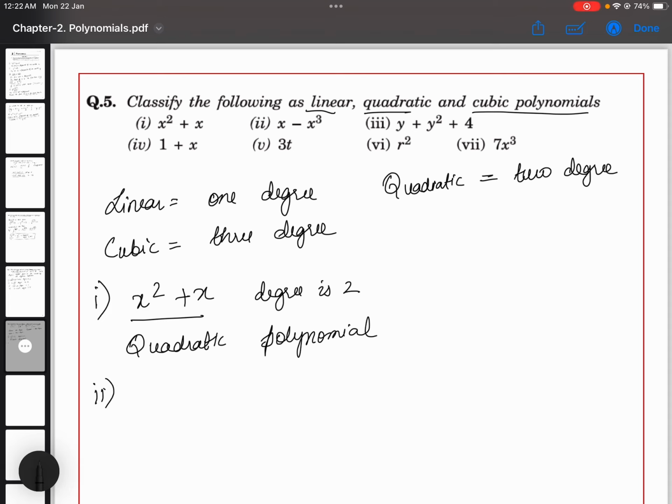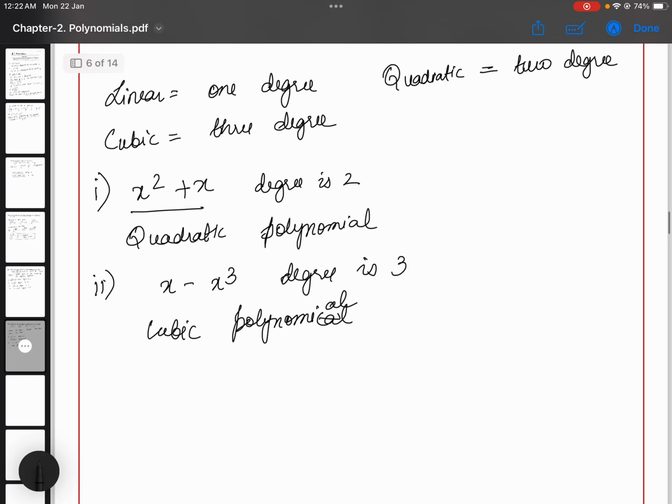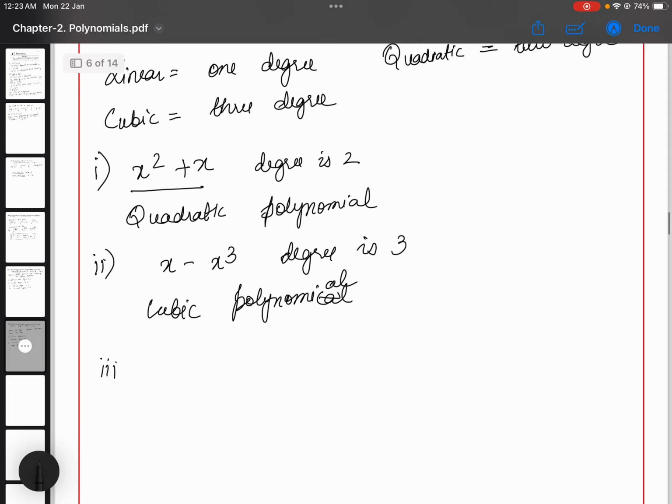Second one, x minus x cubed. The degree of this given expression is 3. So it will be a cubic polynomial. Okay. The third is y plus y squared plus 4.